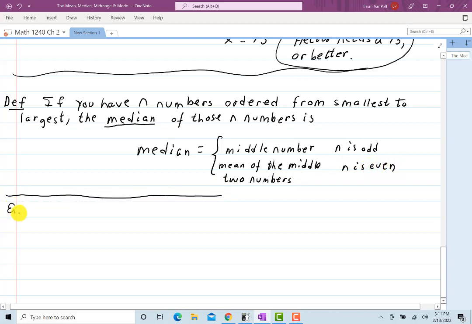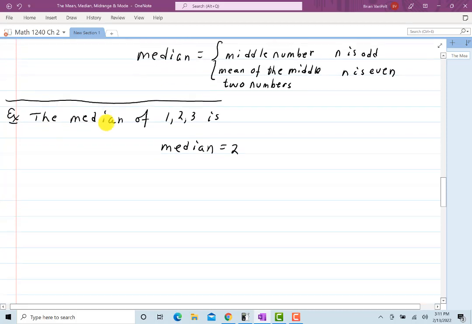So as an example, the median of 1, 2, 3 is: median equals 2. I'm picking the middle number since there's an odd number of numbers that I have to deal with.